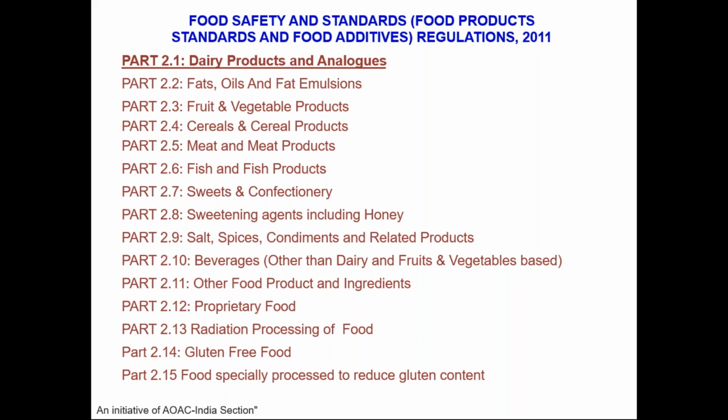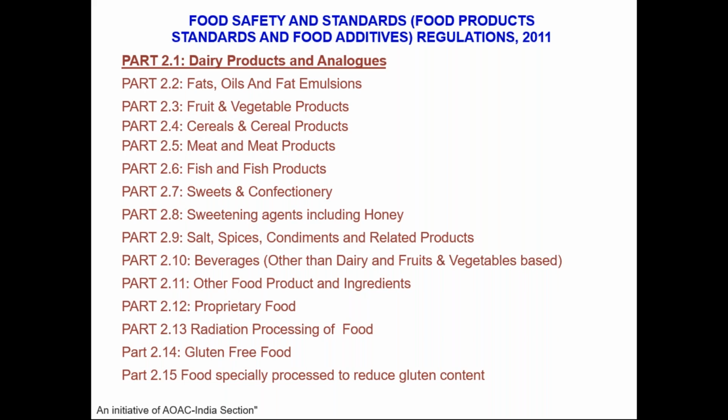You have fats, oils and fat emulsions. You see we have fruit and vegetable products, meat and meat products, fish and fish products, sweets, confectionery, salt, spices, beverages, proprietary food, irradiated food, gluten-free food, and food specially processed to reduce gluten content.